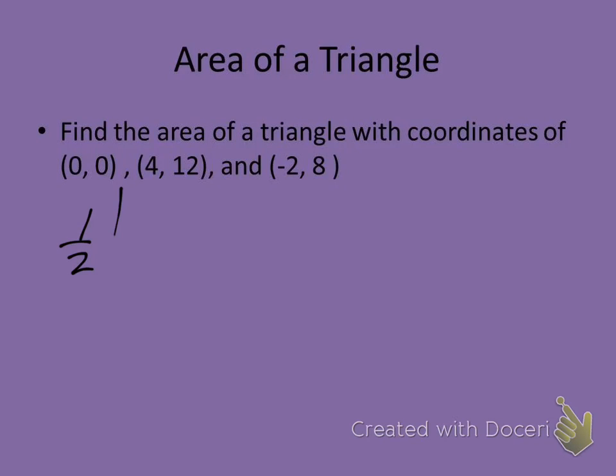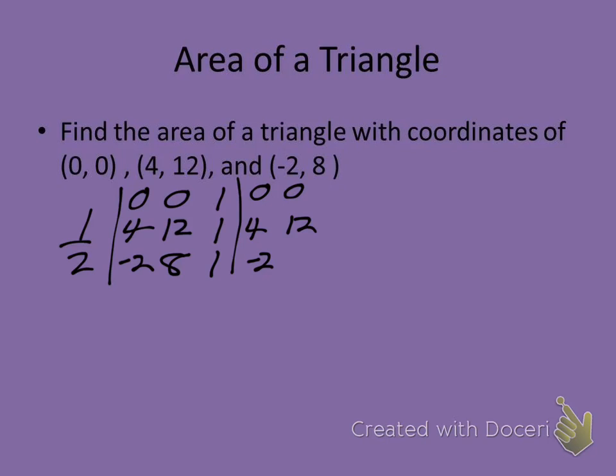Put the 1/2 in front like that, and go 0, 0, 1, 4, 12, 1, -2, 8, 1, just like that. And then rewrite your 2 columns. Okay? And then once you do it, you multiply it by 1/2.